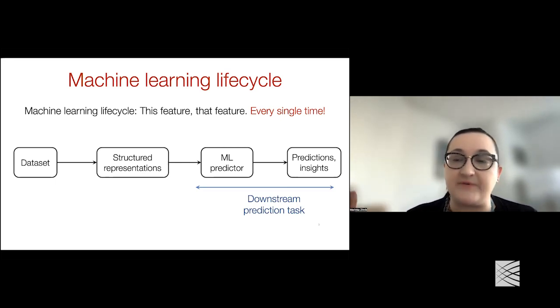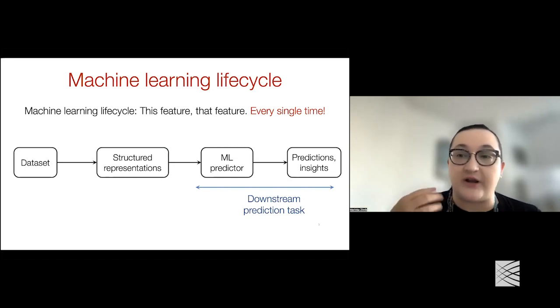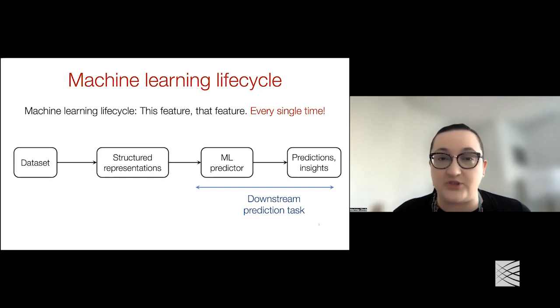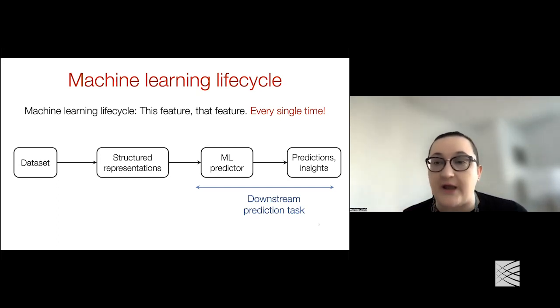Those steps are typically that we start with a data set, and we want to extract from that data set, which might be really various and heterogeneous in many ways, structured representations, or feature vectors, or a list of variables or covariates or embeddings. Those are all the names that we typically use to refer to this concept.